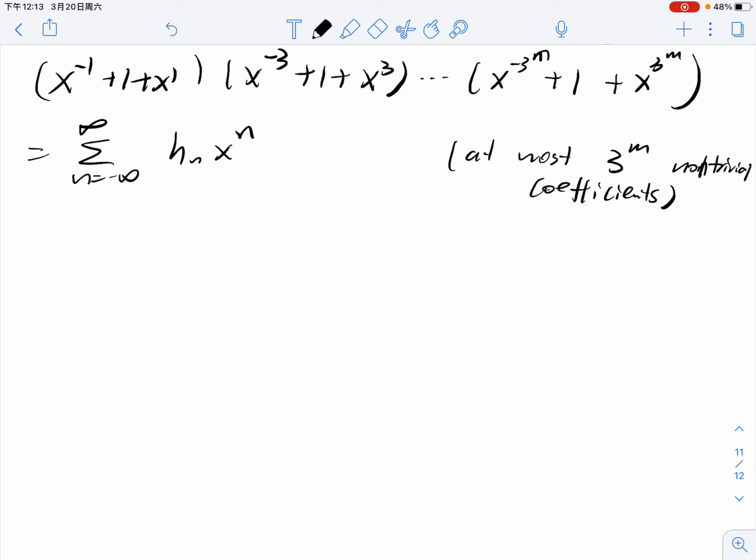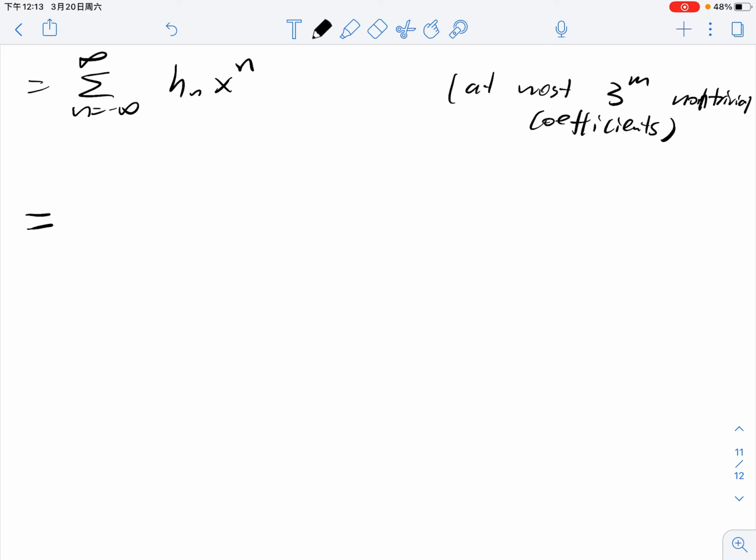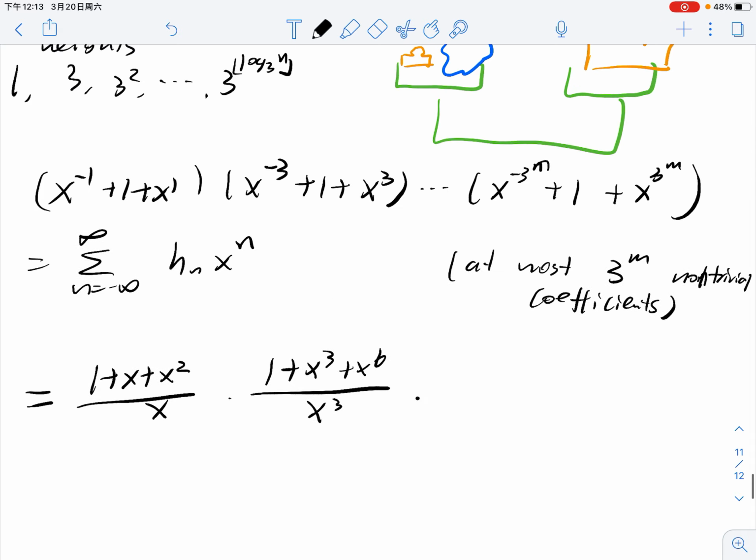From this, it's not that easy, because in the one-sided case, every number has a binary digit representation. But here, it's not that trivial. But from the generating function, we can prove it directly by calculating.